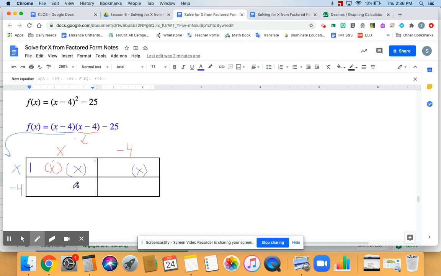And then this -4 is going to go in this box as well as over to this box. And then the red ones, this x goes here and in the other one beneath it when we multiply. And this -4 also goes to both of the boxes beneath it.